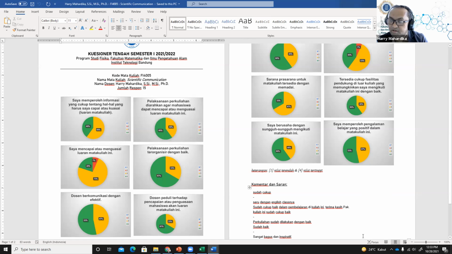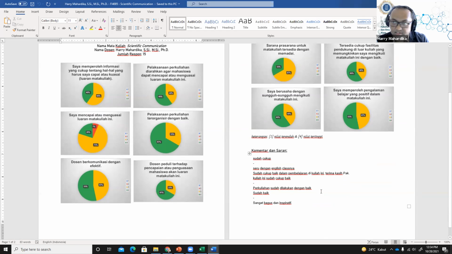But since we are at the suitable, ideal number of students for a communications class, I think 6 main activities, 3 oral presentations, 1 poster presentation, and 2 scientific paper assignments will be enough for us, especially to monitor and evaluate your progress in working on papers, and also in presenting orally and using a poster.